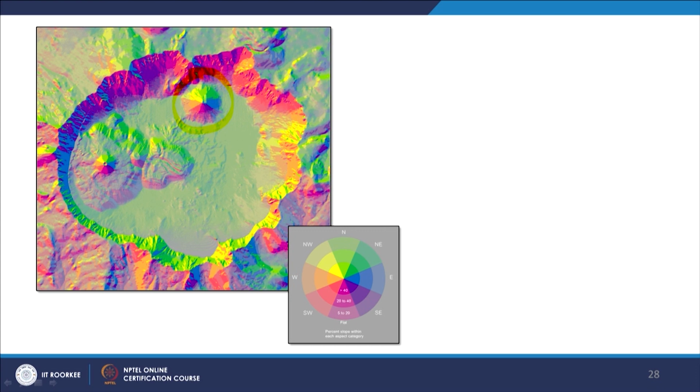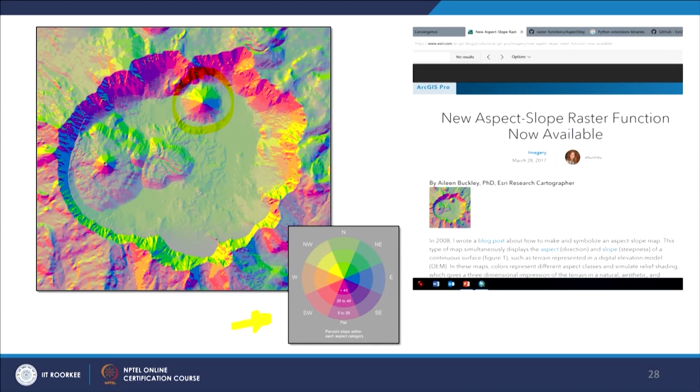Near the top you have very high slope values and therefore the colors are saturated. As soon as you go towards the bottom of that hillock within the crater, you see a completely different change in color or saturation of colors, as indicated in this legend or index circle.